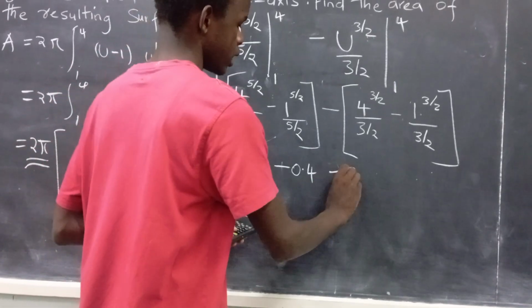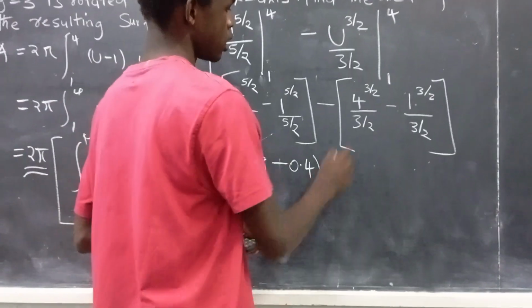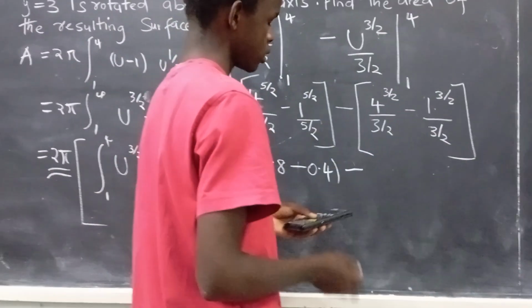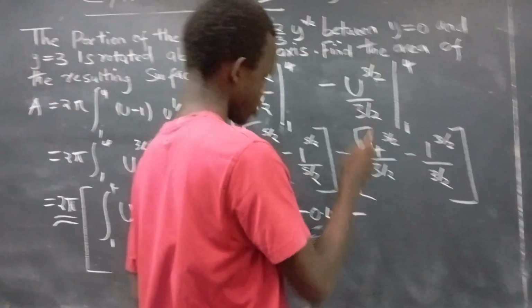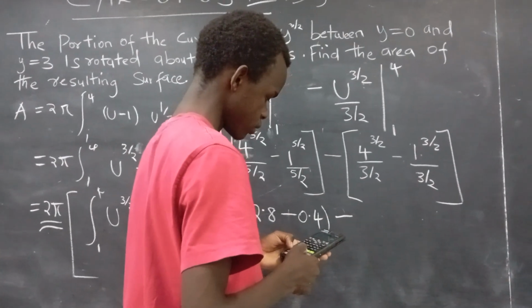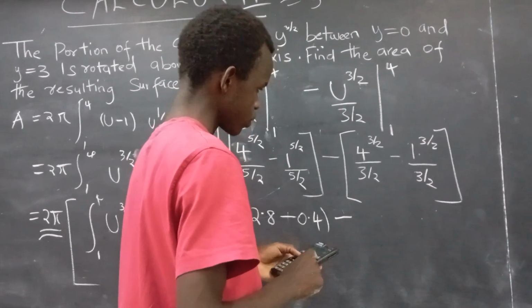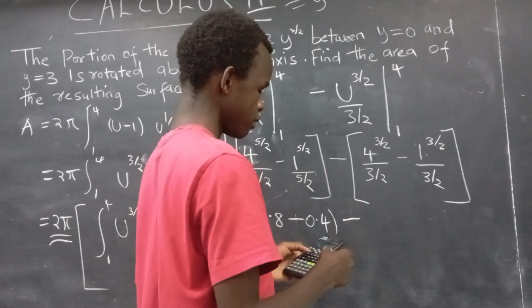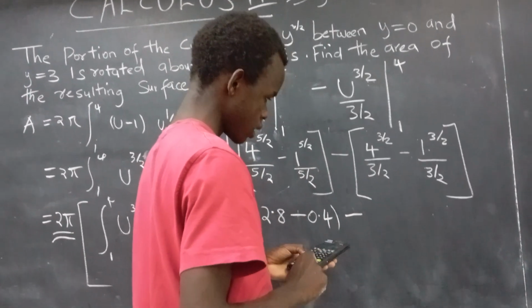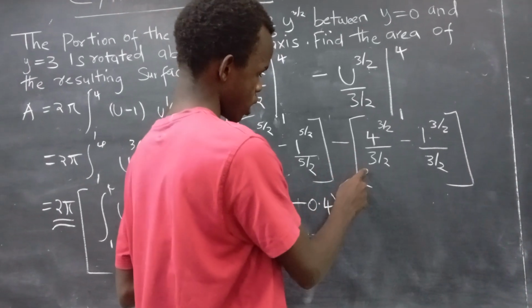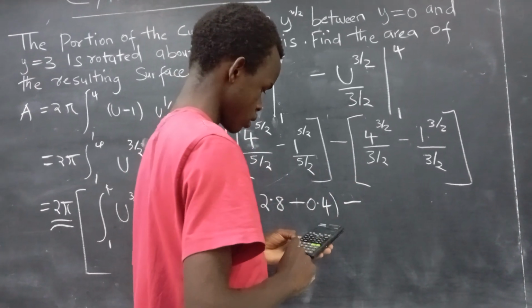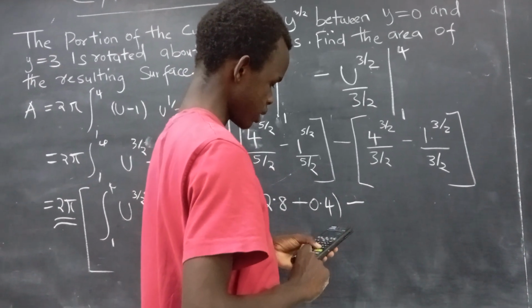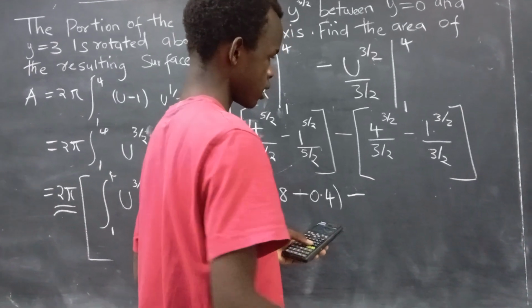Okay, minus again, so this is just 4 cubed, so it's just 4 times 4 times 4. Square root of 64, it's 8, so 8 divided by 1.5, I'll get my answer as 5 and a third.